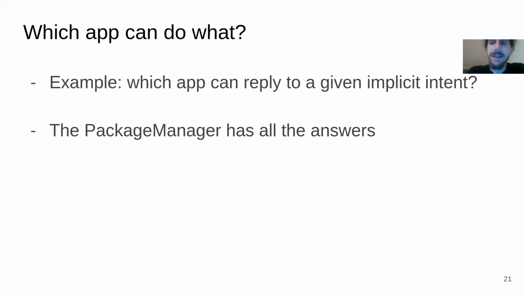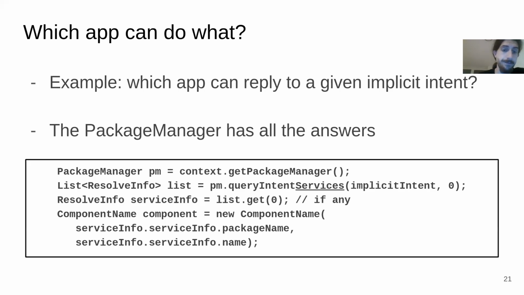Then in Android, there is a way to somehow enumerate which target activities or services or whatever can reply to this kind of implicit intent. The way you do this is to get a reference to the package manager, again, which is some kind of Android class. And there are ways to somehow enumerate all the target components that can answer a specific question.